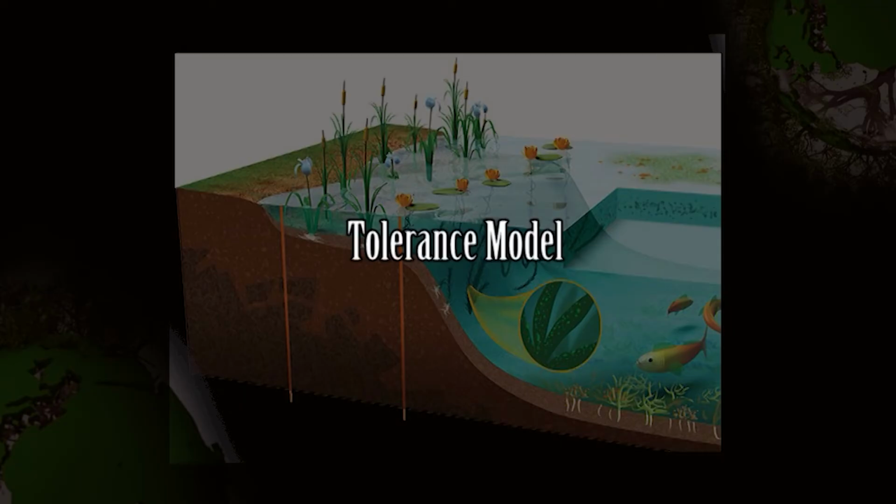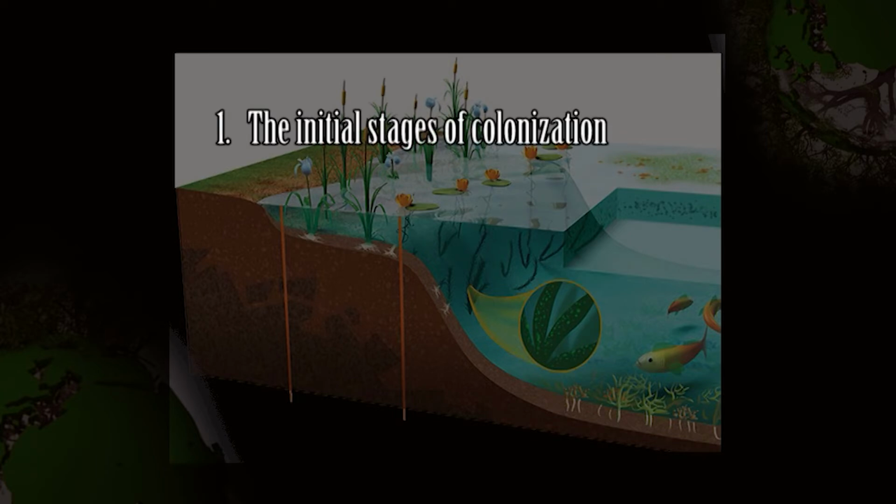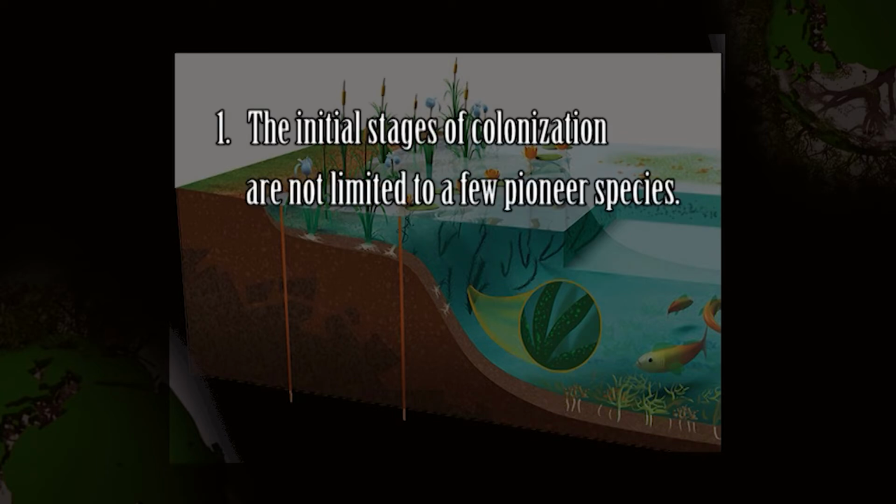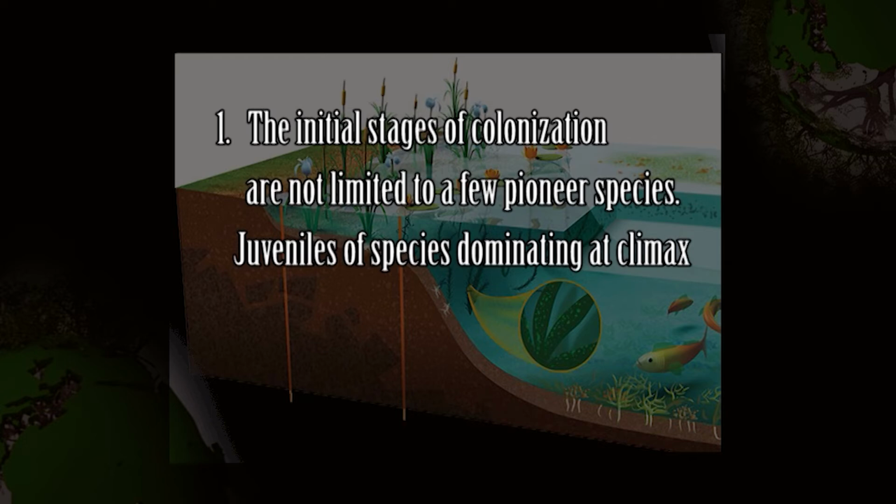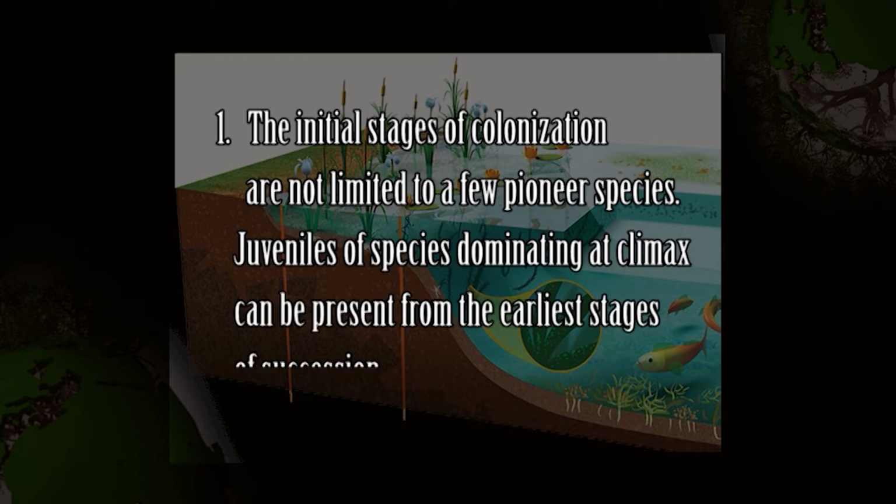The second model of Connell and Slatyer's is the tolerance model. The tolerance model differs from the facilitation model in the following ways. First, the initial stages of colonization are not limited to a few pioneer species. Juveniles of species dominating at climax can be present from the earliest stages of succession.